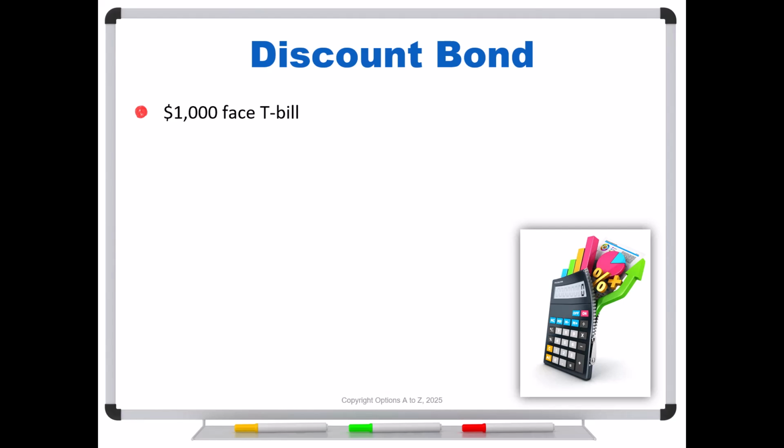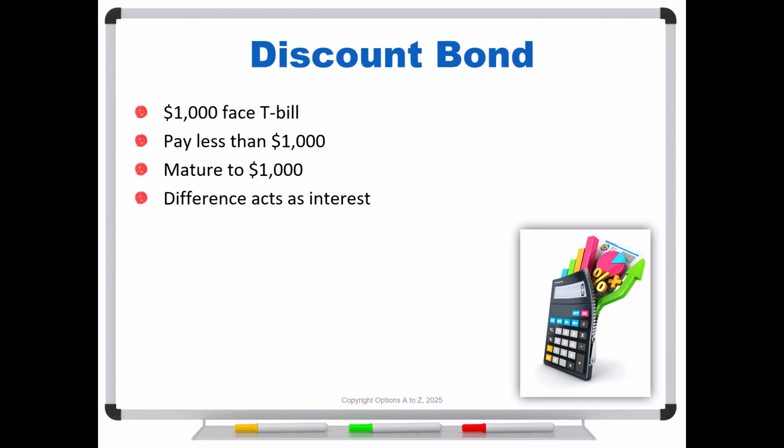Let's say that it has a $1,000 face, which means that when it matures, you get paid $1,000. And what you're going to do is pay less than $1,000. That's why it's called a discount bond. And then it will, of course, mature to this $1,000 face. And the difference between the price that you pay and this $1,000 maturity value acts as your interest.